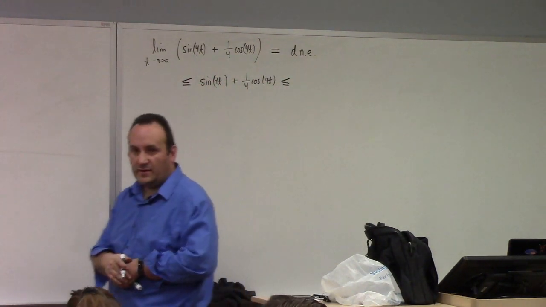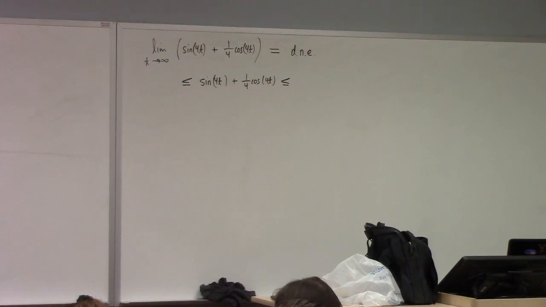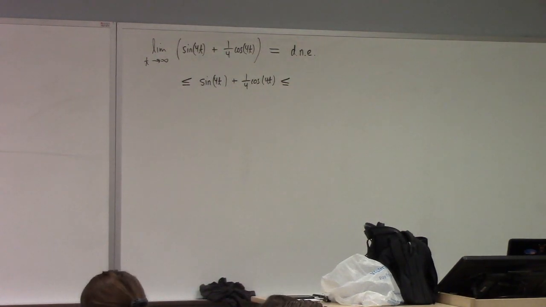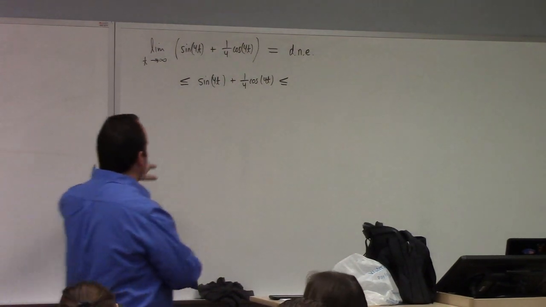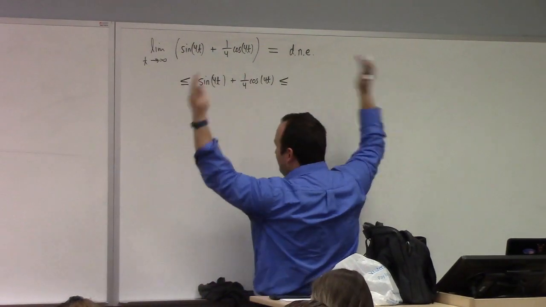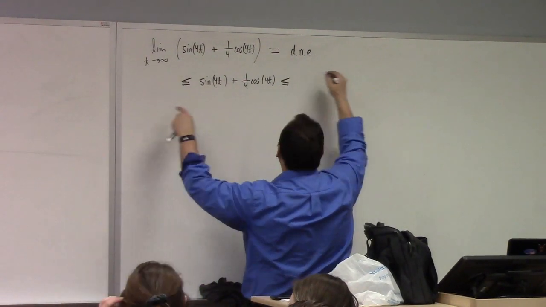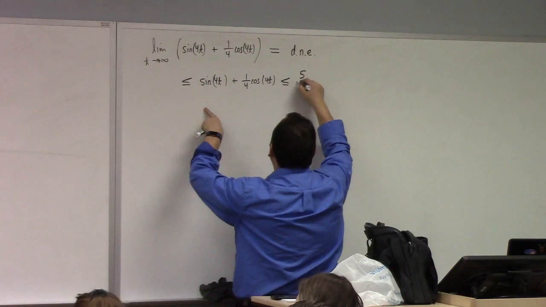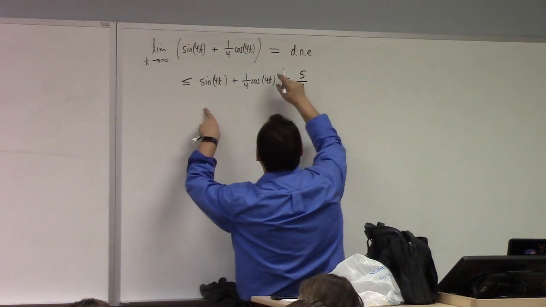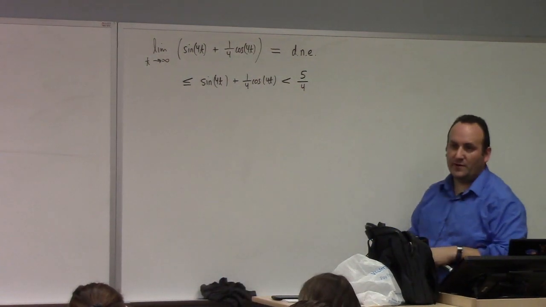Can you tell me a lower, upper bound for that expression? Let's be greedy. What's the biggest cosine and sine can ever be? They can both be 1, right? That can't actually be achieved at a single time, but let's just be greedy. This is the biggest it could possibly conceivably be, and it never can actually do this. I could confidently erase the equality there because sine and cosine are never both 1 at the same time.